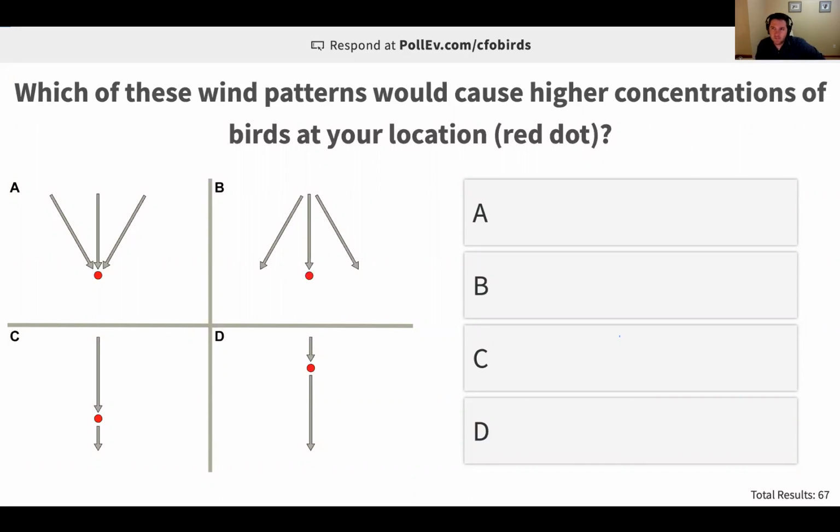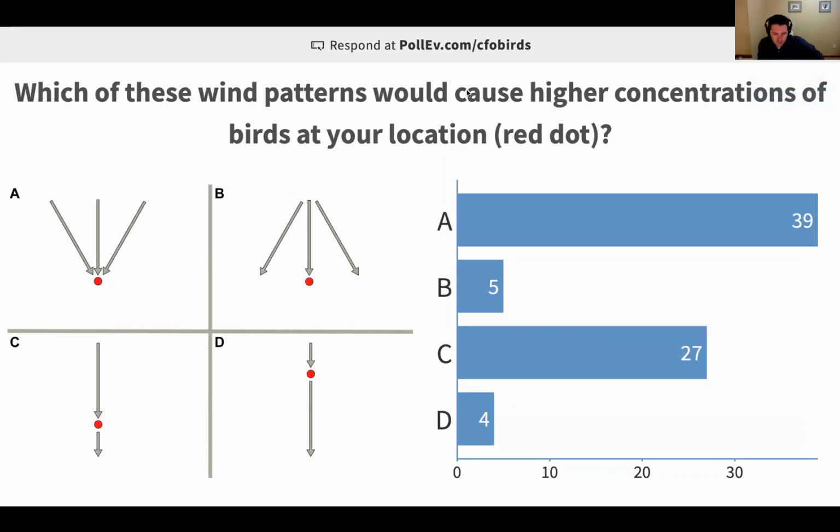Again, pollev.com/CFOBirds. Getting into the 70s, great, keep them coming. And we'll start showing the responses to see how people have guessed or educatedly guessed.